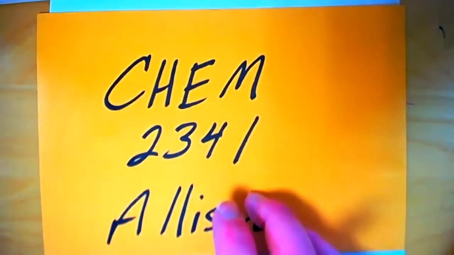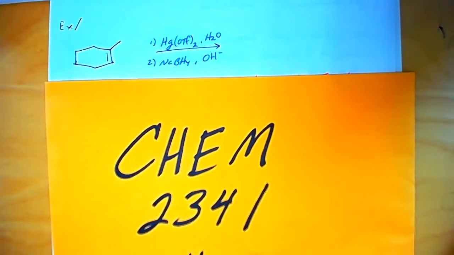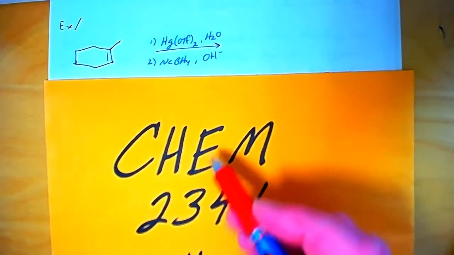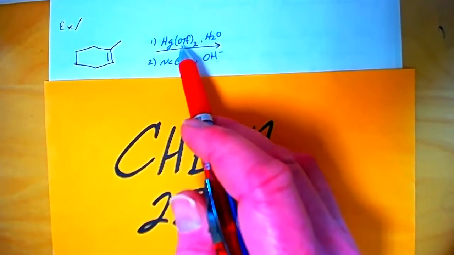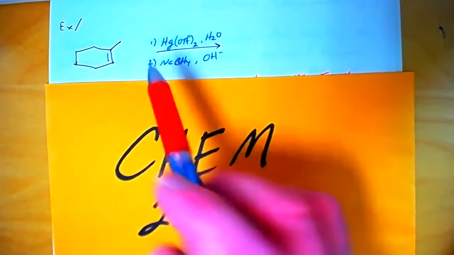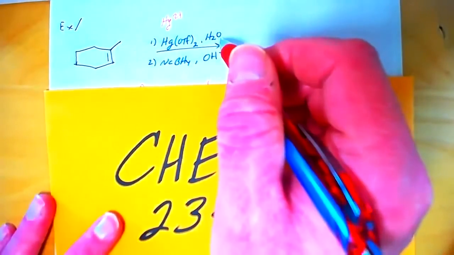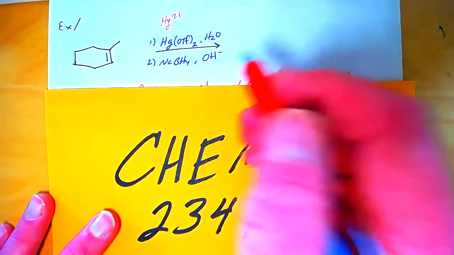So that is to say that if you have this compound and you were to treat this alkene with mercury, and I'm using mercury triflate here, so we talked about the triflates. Those are good leaving groups. This is just a source of mercury +2 in the presence of water, followed by sodium borohydride with hydroxide.